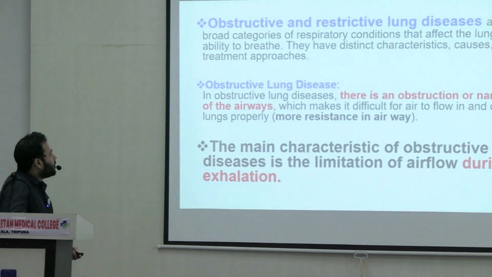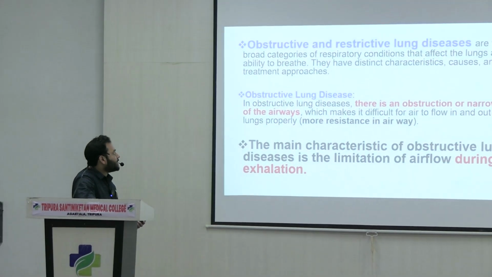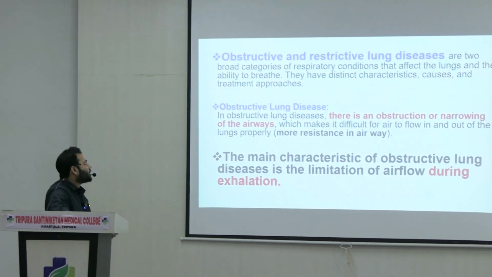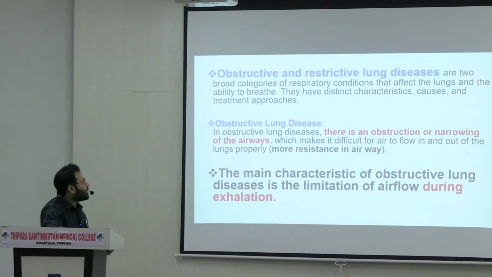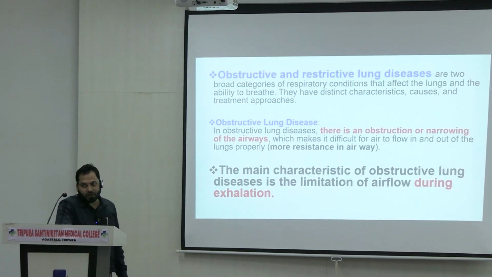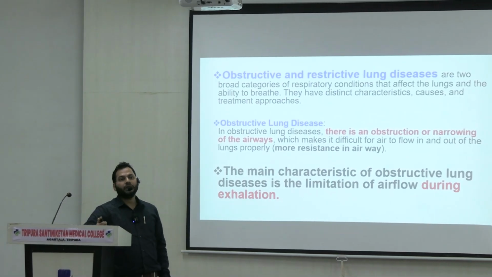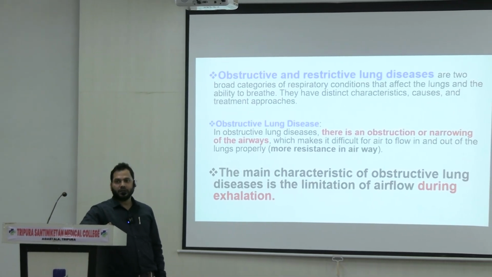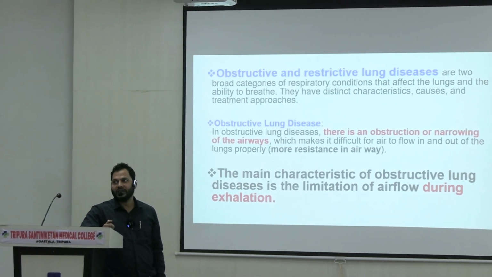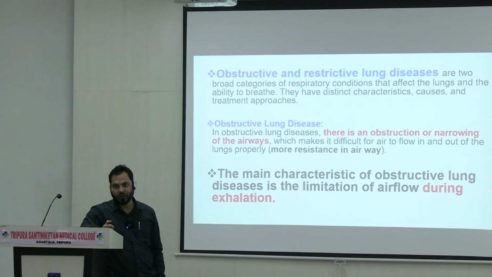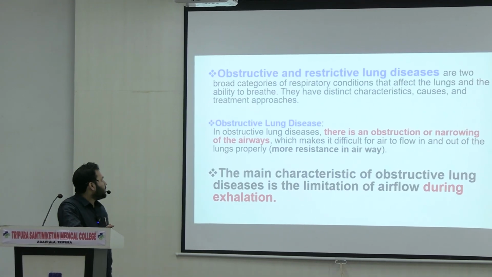Both obstructive and restrictive lung disease are two broad categories of respiratory conditions that affect the lungs and the ability to breathe. It means both affect our breathing capacity, right?